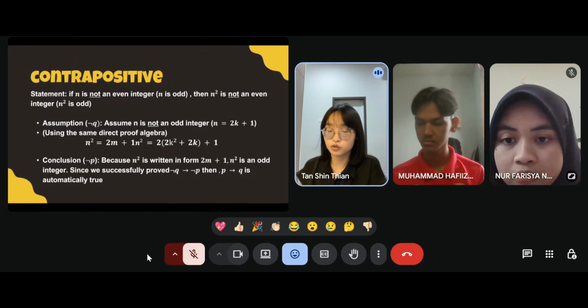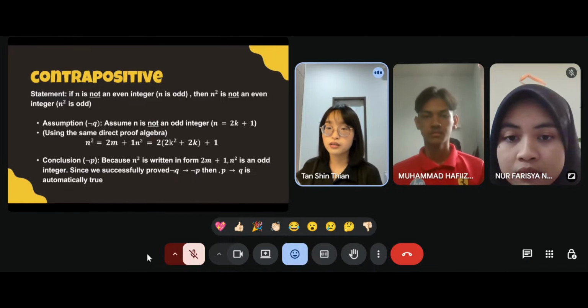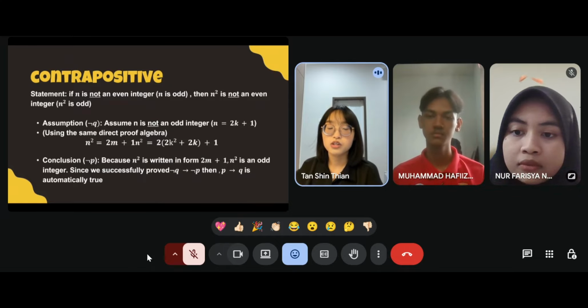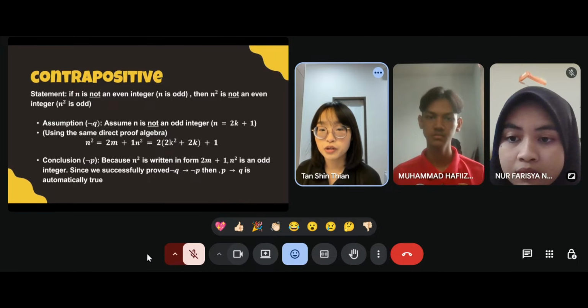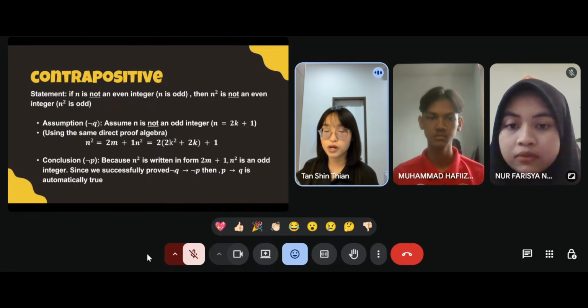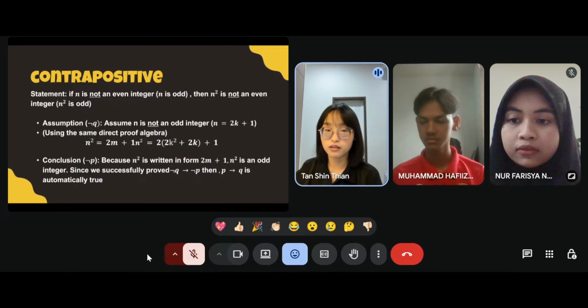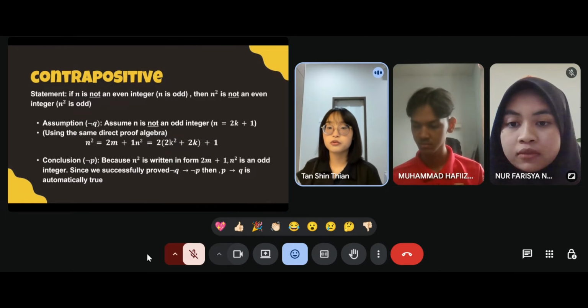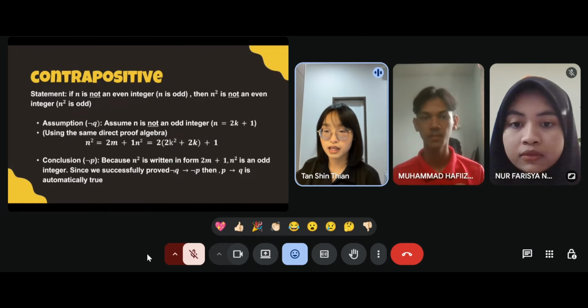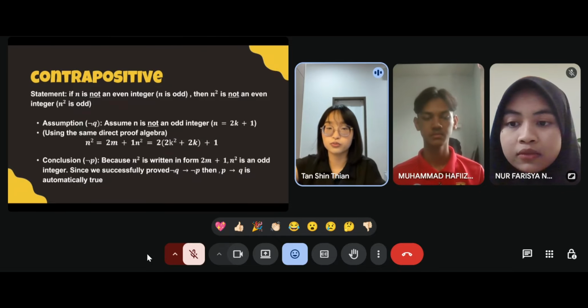So we can factorize the 2 out, becoming 2 in brackets 2k squared plus 2k, close bracket, plus 1. So our conclusion will get not P, because n squared is written in the form of 2m plus 1, so n squared is an odd integer. Since we successfully proved not Q implies not P, then P implies Q is automatically true.